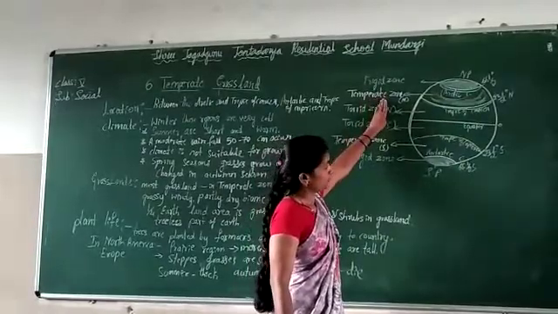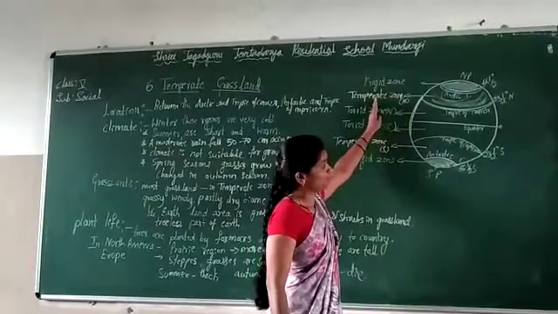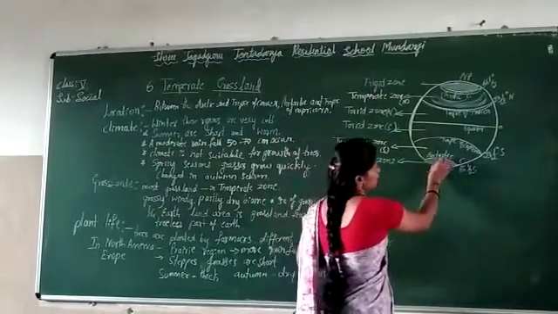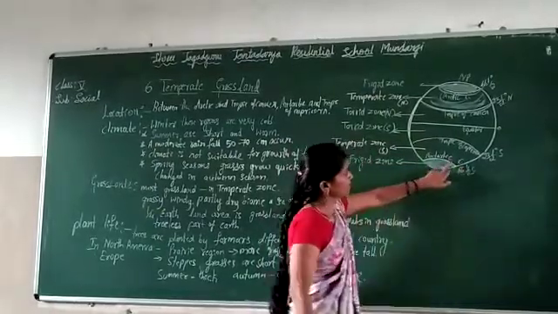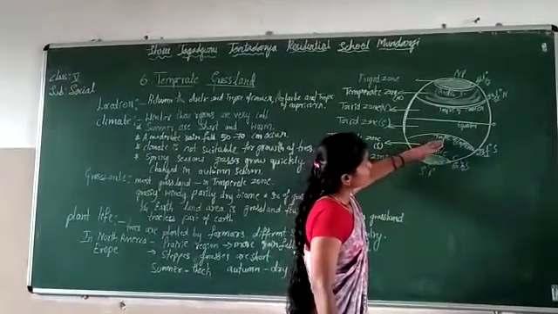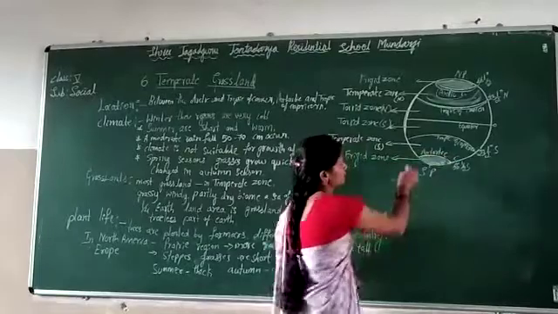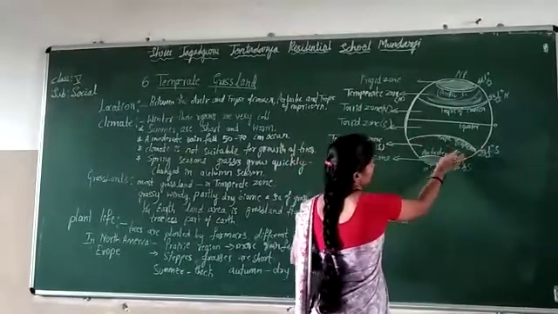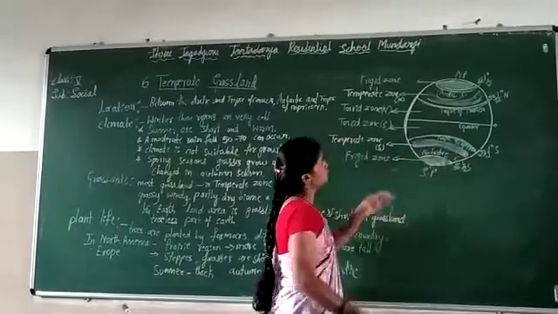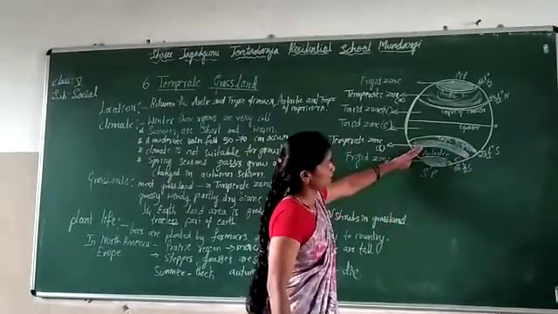In the northern hemisphere, and also in the southern hemisphere, this line near the frigid zone, the Antarctic Circle, and the Tropic of Capricorn. This part we call the temperate zone in the southern hemisphere.